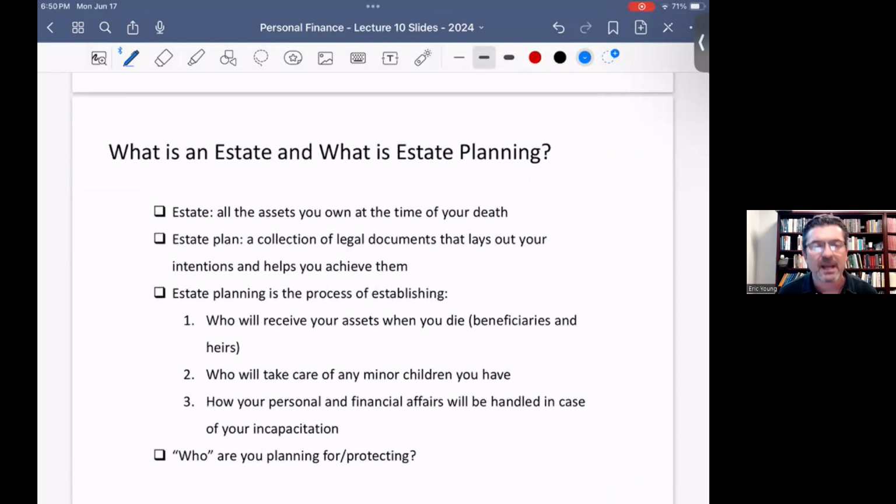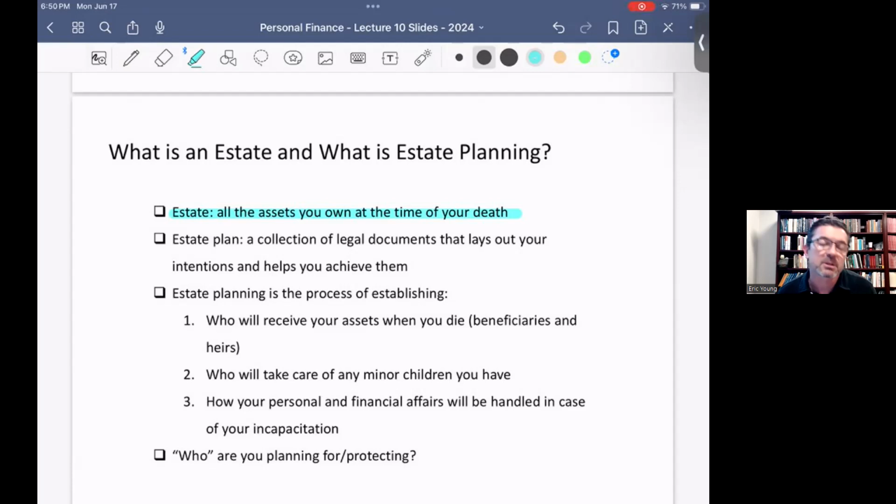What is an estate and what is estate planning? Well, first, your estate is just the general term for all of the assets that you own at the time of your death. This is obviously a difficult topic to discuss for some people.